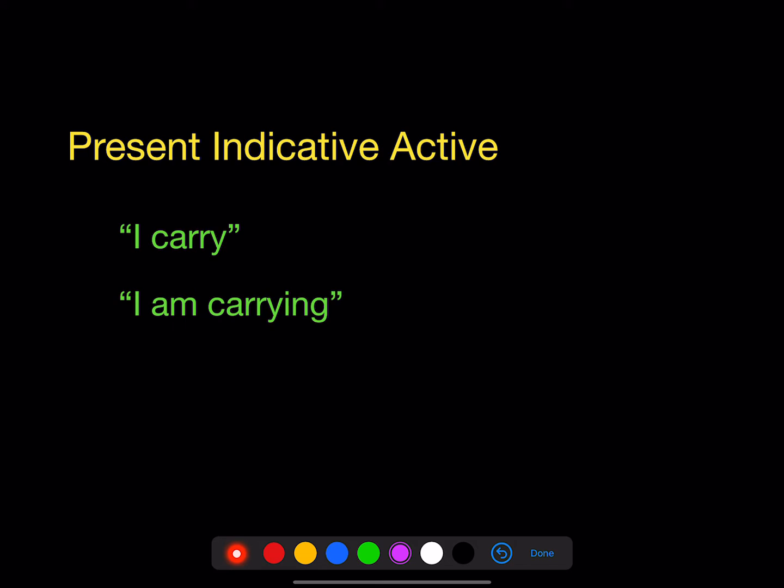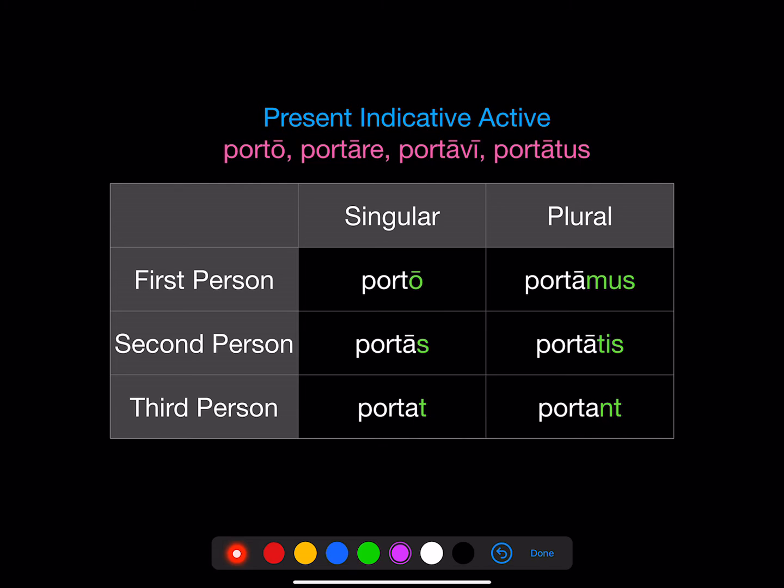So with that in mind, let's look at the present indicative active by way of review. And remember, the present indicative active is the first tense of the verb that we learned. And we translate it, I carry or I am carrying. So for all conjugations, the present indicative active uses these personal endings.